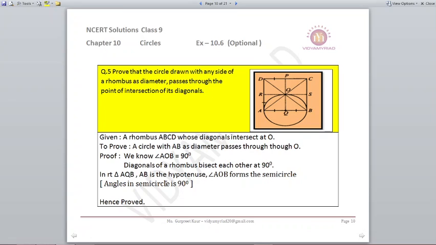So this is angle AOB, not Q. So I just correct it here. So in triangle AOB, AB is the hypotenuse, so angle AOB forms the 90 degree, and thus we have proved that the point of intersection of its diagonals will be 90 degree.